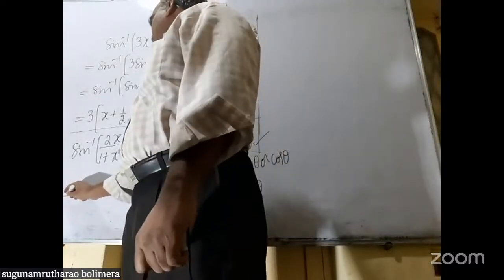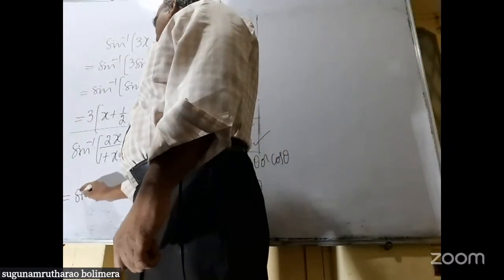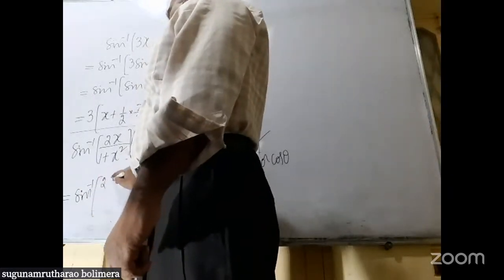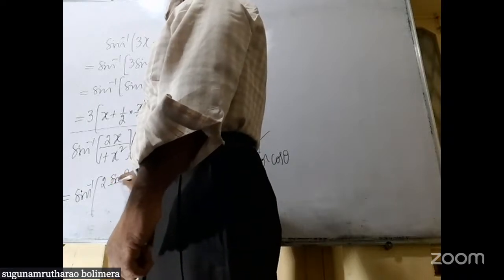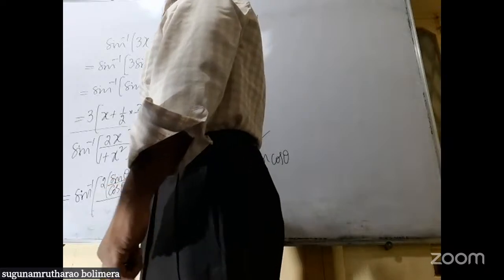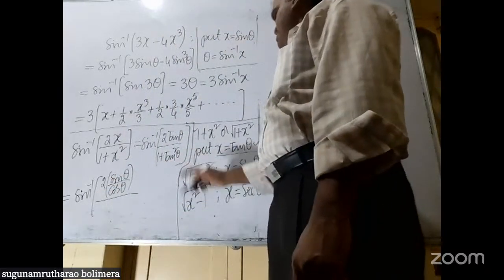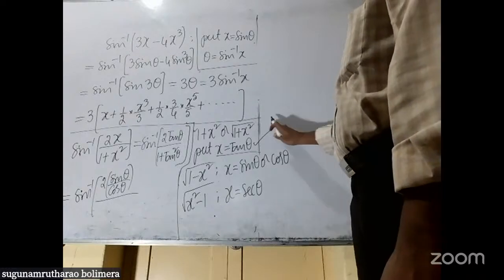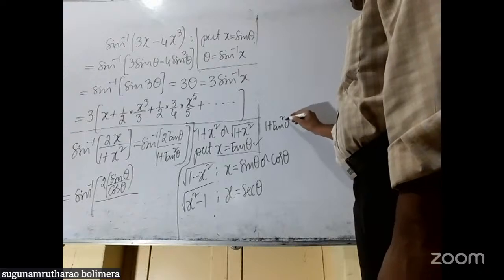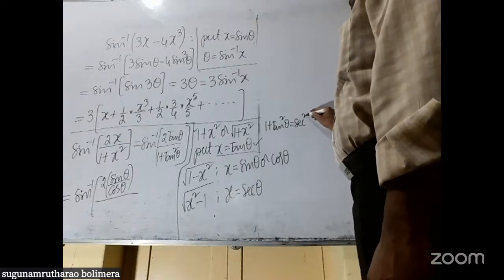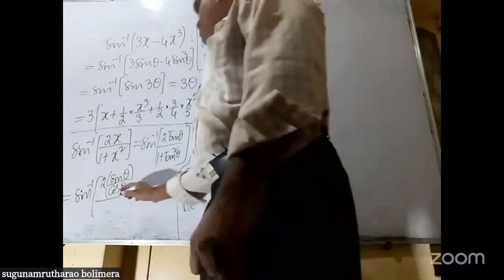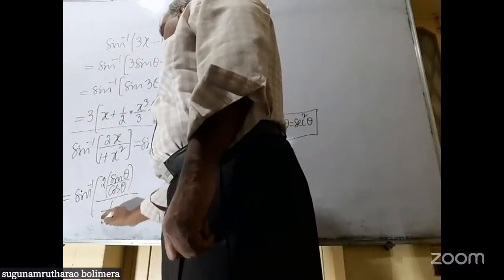So this is equal to sin inverse of 2 into sin theta by cos theta, divided by 1 plus tan square theta, which is secant square theta. Secant square theta is 1 by cos square theta.